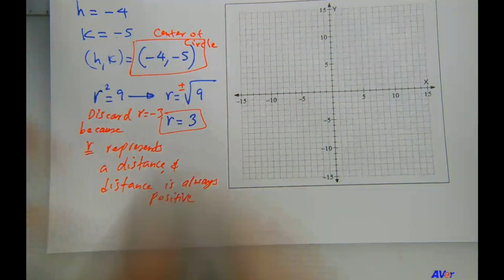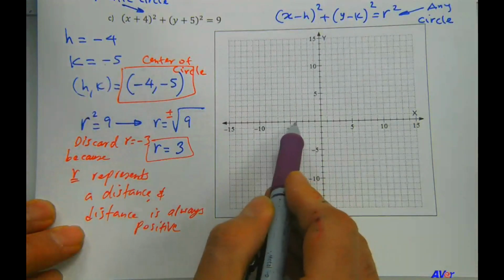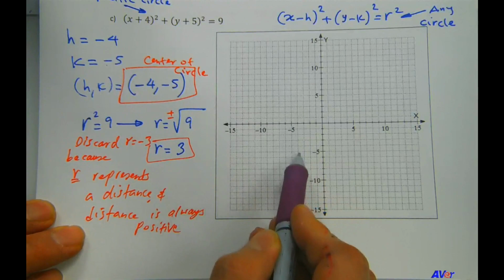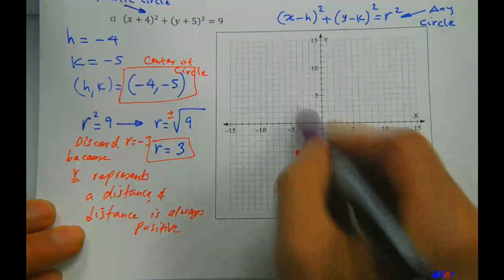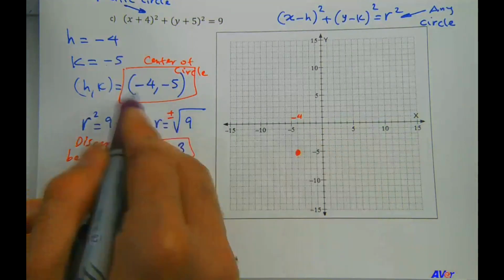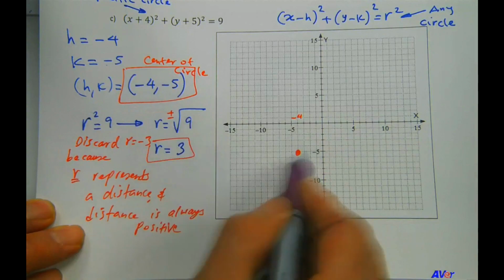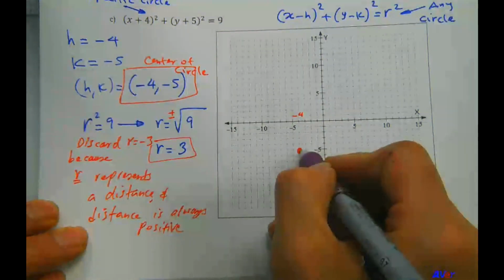So let's plot these points. The center is negative 4 and negative 5, right there. Negative 4 along the x, negative 5 along the y, right? That's the center.